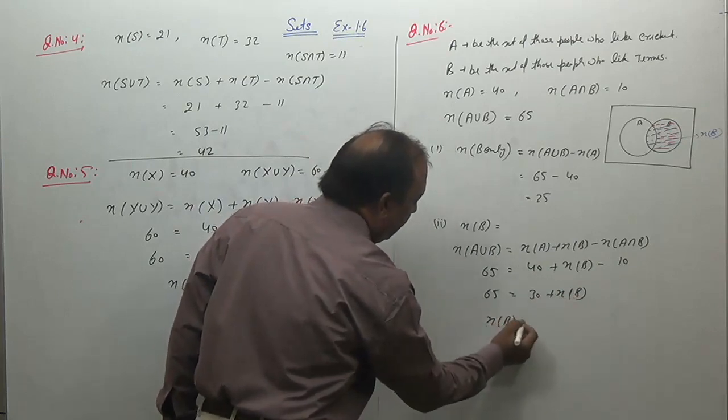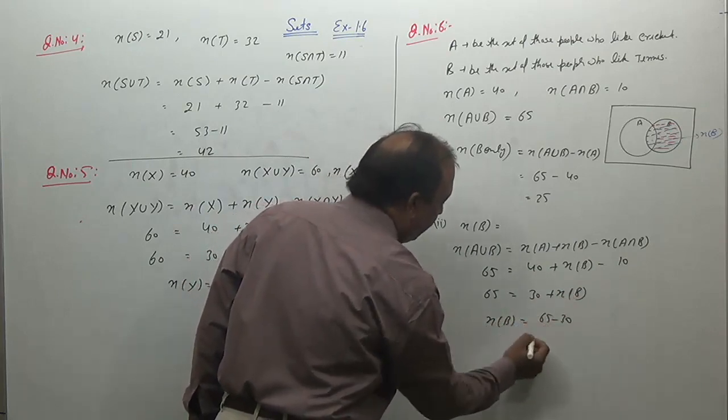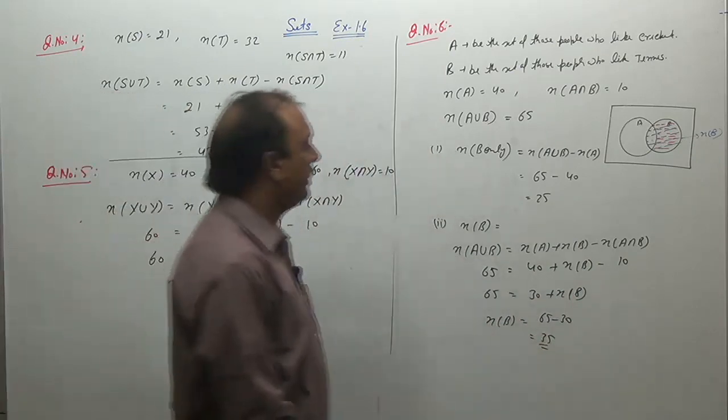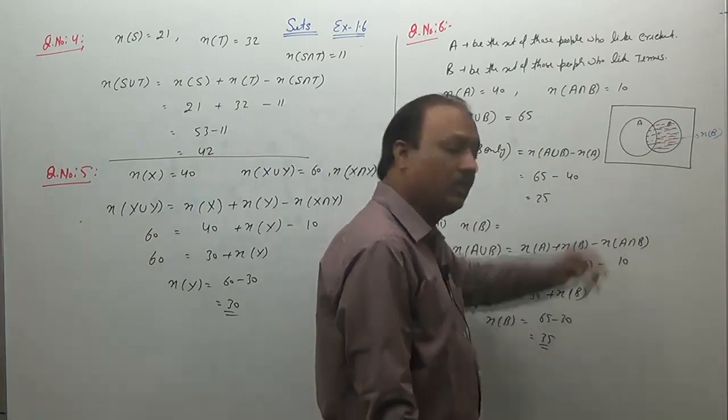So n(B) is equal to 65 minus 30. This is 35. So there are 35 people who like tennis.